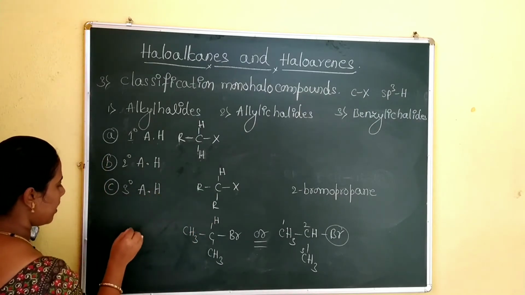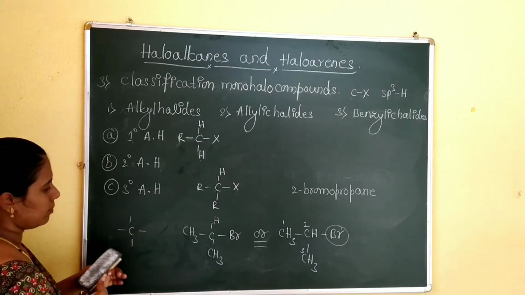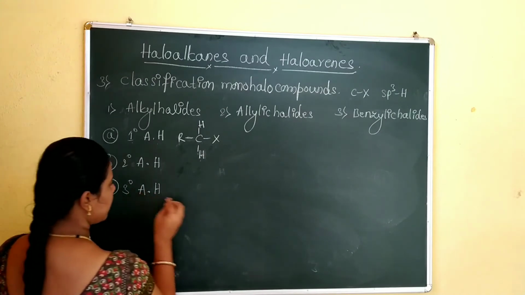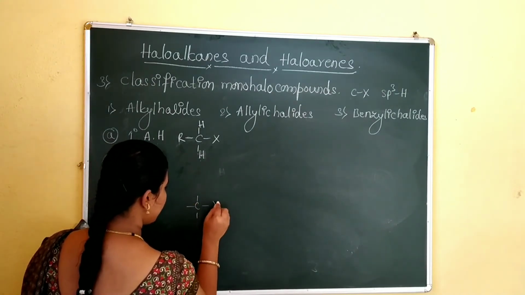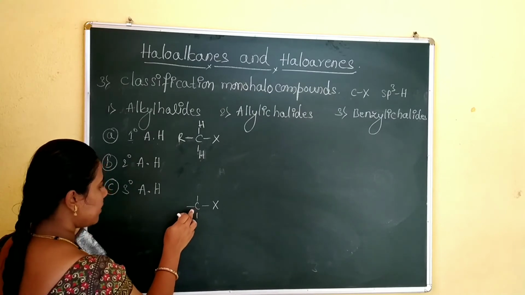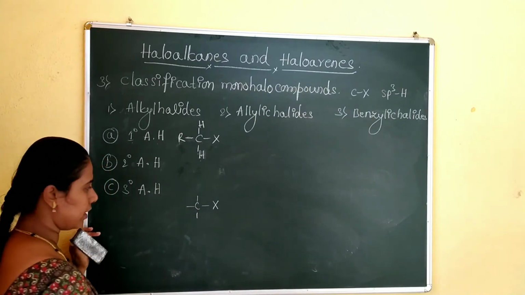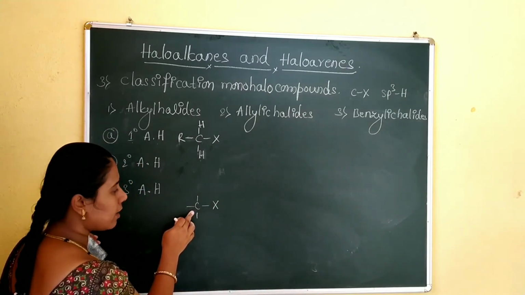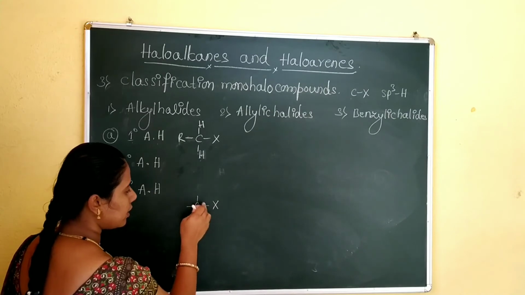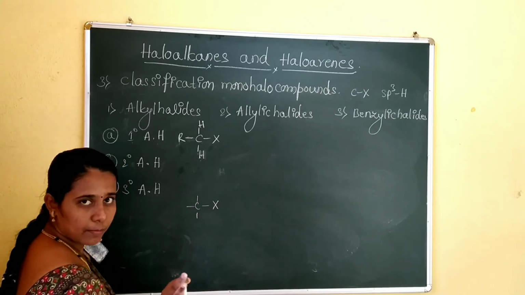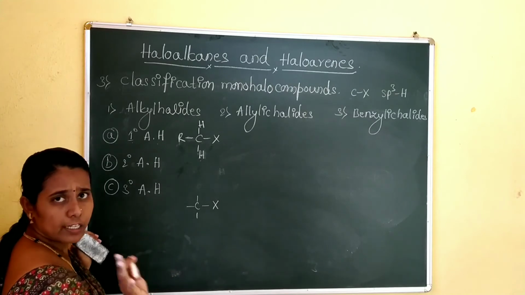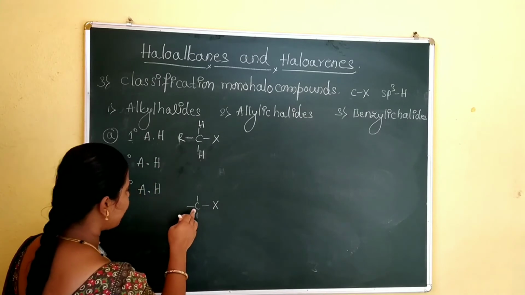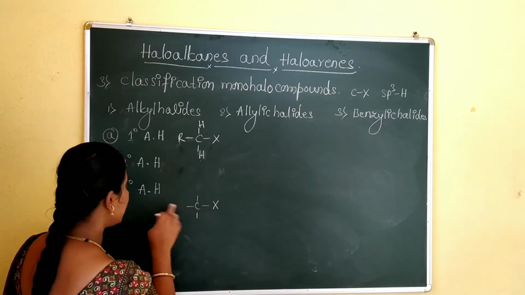And tertiary alkyl halide means the halogen atom is attached to a carbon atom, and this carbon atom should be a tertiary carbon atom. The halogen atom is attached to the sp3 hybridized carbon atom, which contains 4 single bonds, and this carbon atom is a tertiary carbon atom.